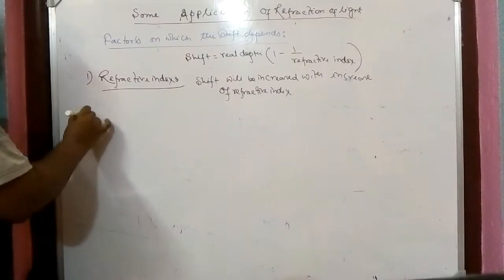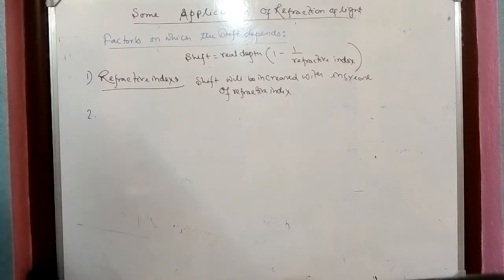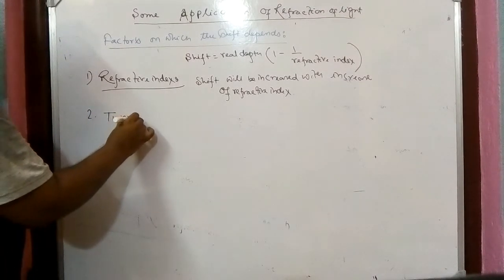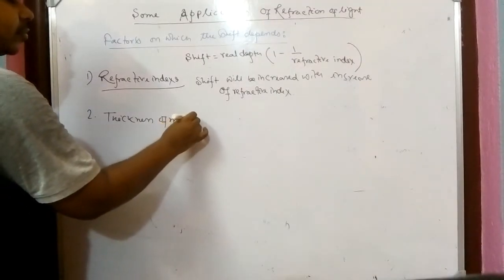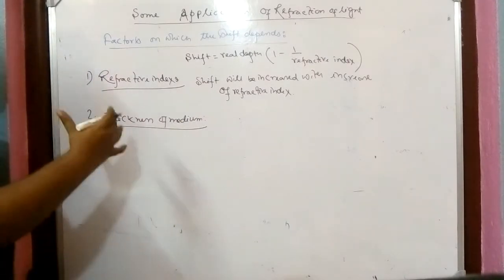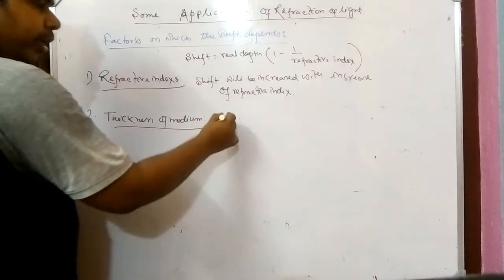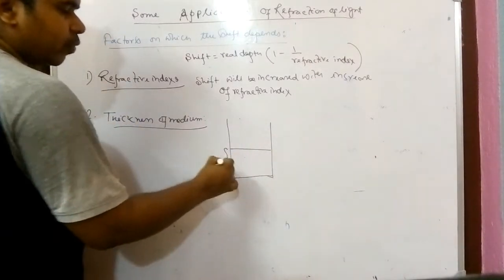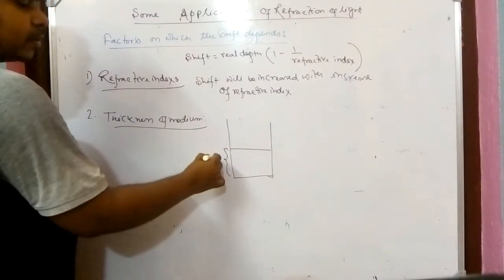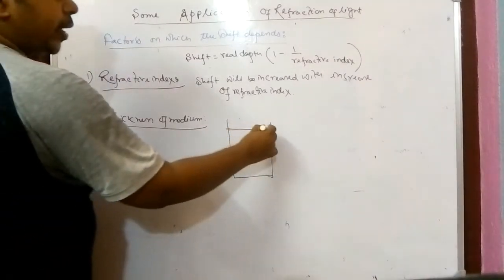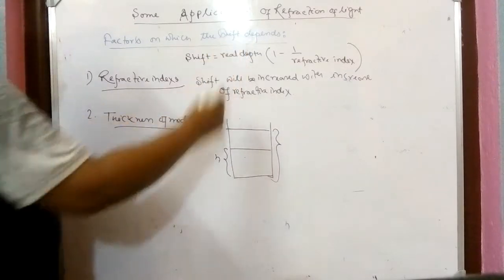Okay. Number 2, that is also very common, that is dependence on thickness of medium. So here thickness of medium means the real depth of the medium. Whenever we are talking about the glass of water, if the height of the glass of water is this, then this will be the real depth. If the height is changed to this, then the real depth will be increased.